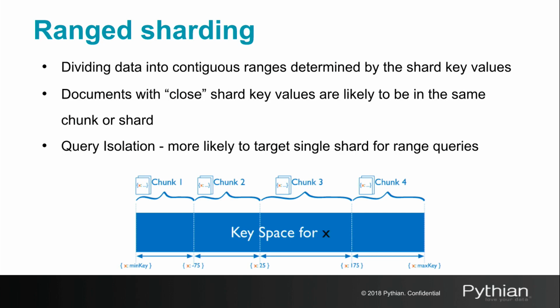So if we have, for example, this chunk 3, living on shard 3, if we have a range query that is trying to find records between 50 and 60, it's more likely that our application will query only shard number 3, because mongos will have information that all the documents are in chunk 3 and the query will be routed directly to that shard. And this is called query isolation.